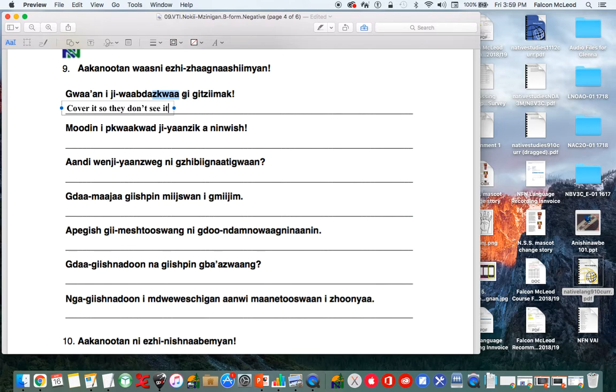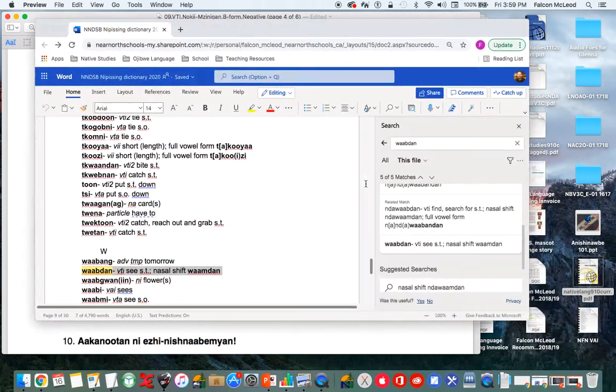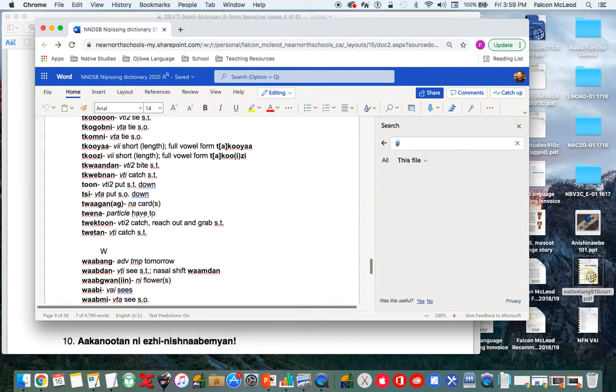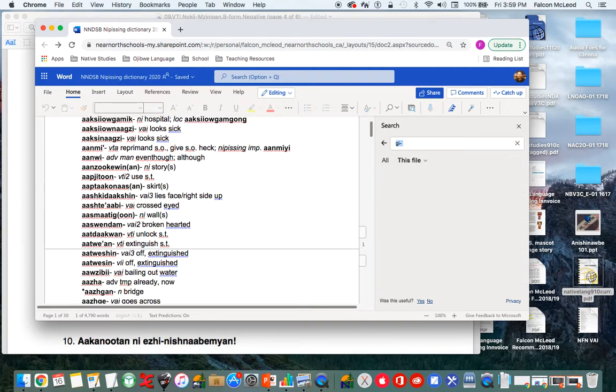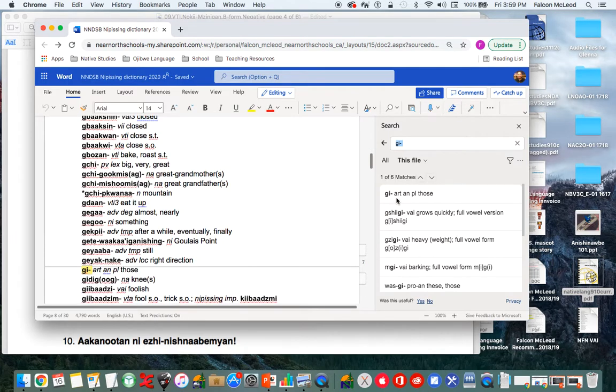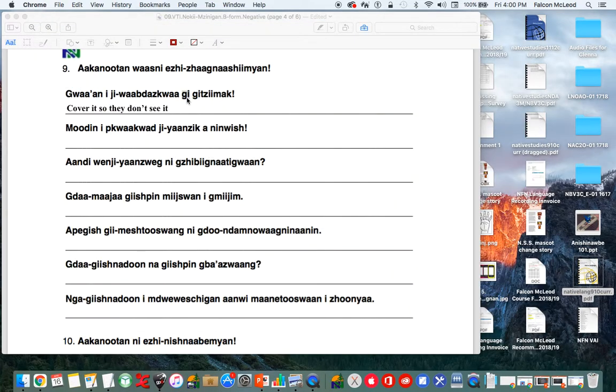All right. So ge is our... Let's see what that is. So ge is an article for plural those. It's kind of like a pronoun. So gitzimak. Let's see what that means.